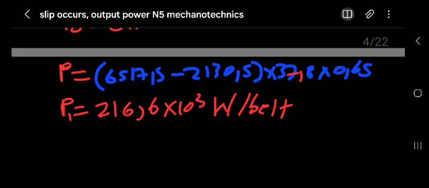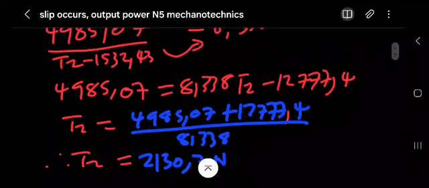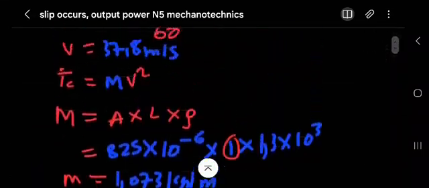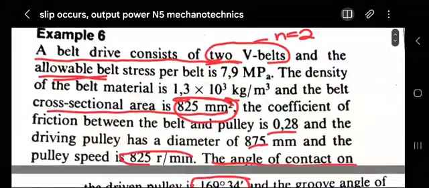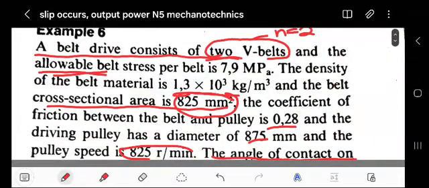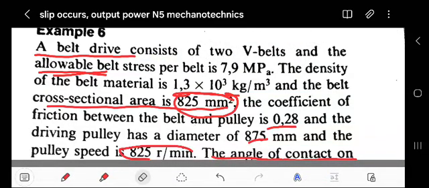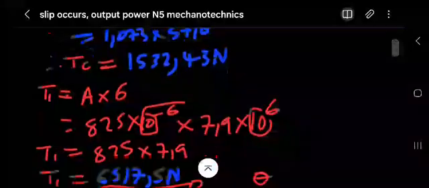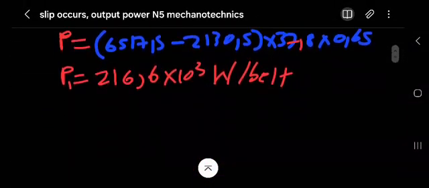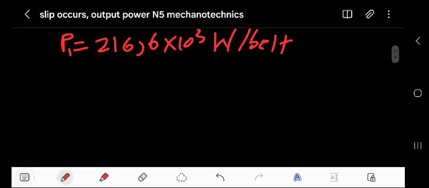Why per belt? Remember, we have not used the number of grooves here. We have been given 2 belts, as we have determined for 1 belt. We have not considered the other belts. We must multiply the power, the tension, by 2, but we have never calculated. So this must be per belt.